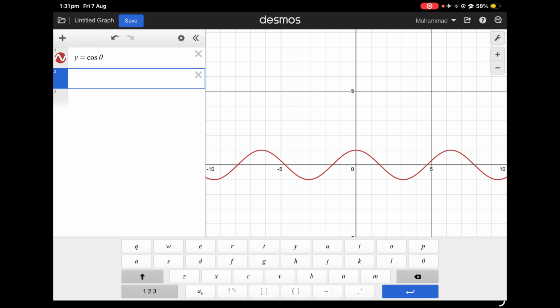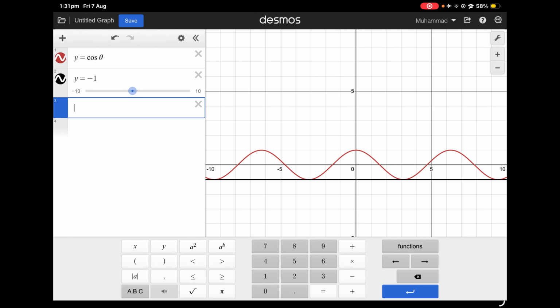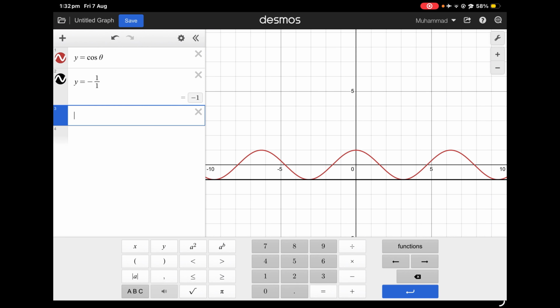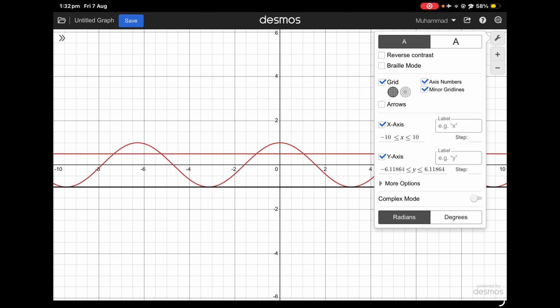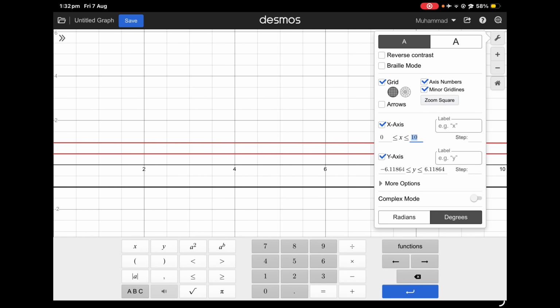Okay, and then we want y equals, I think it was minus 1. And then y is equal to 1 over 1 so it doesn't put the slider thing. And then y equals half. It's not in radians, in degrees, from 0 to 360.